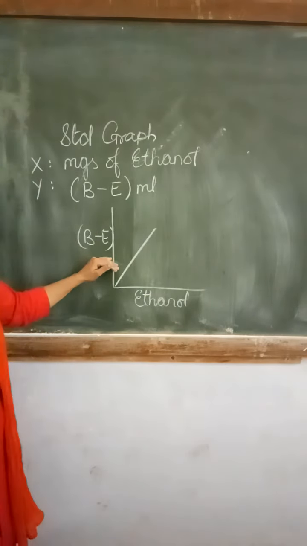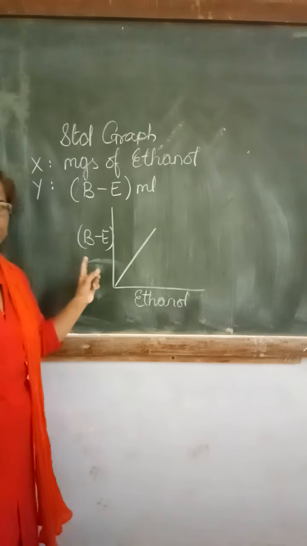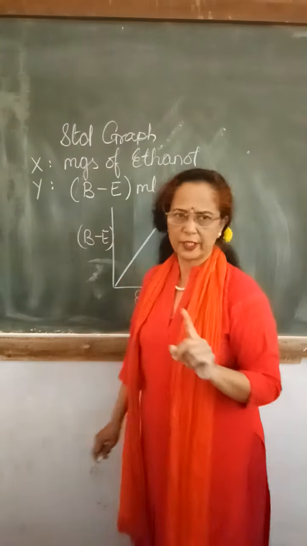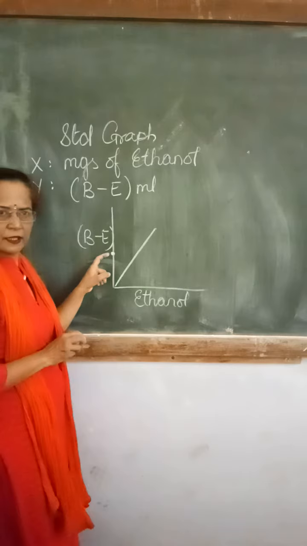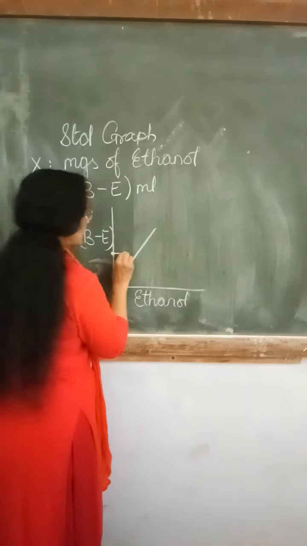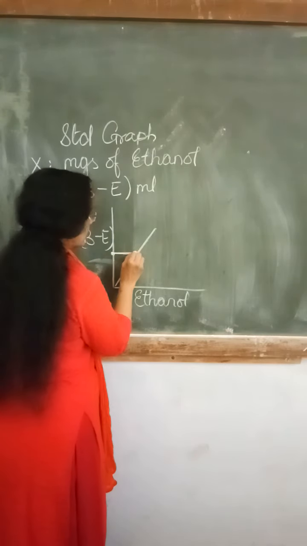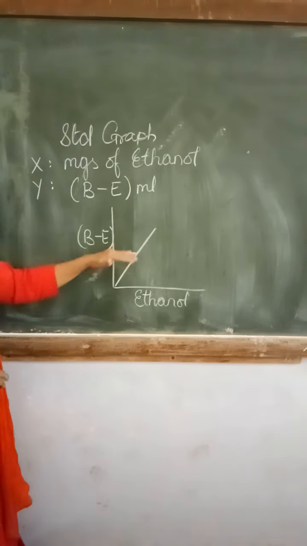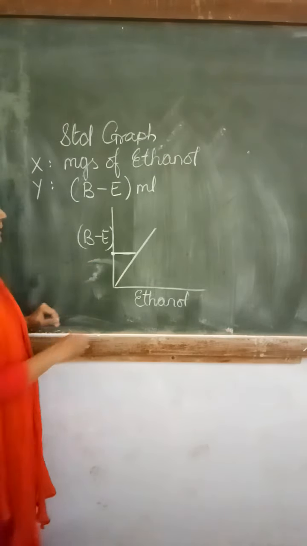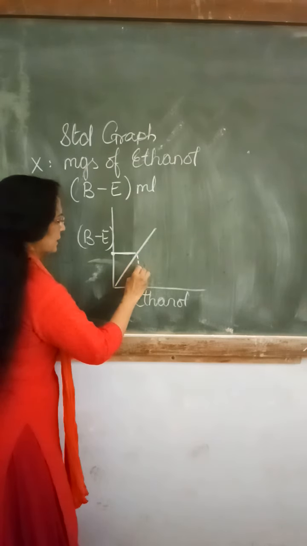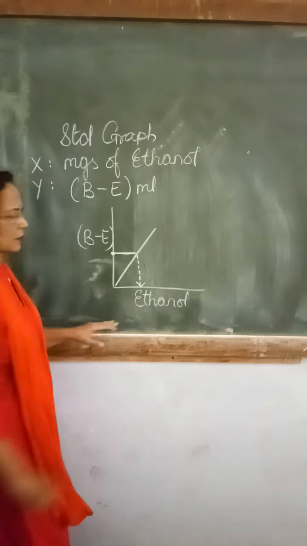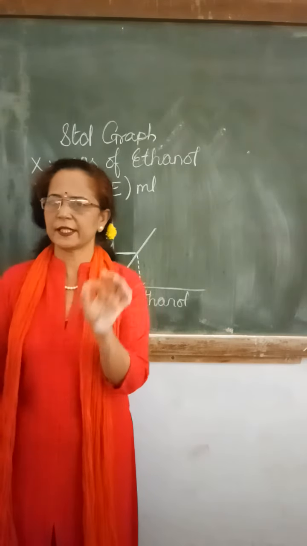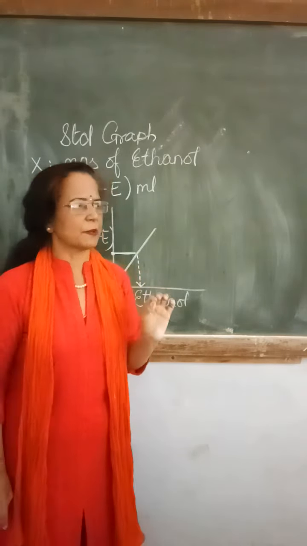Now your experimental will have some B minus E value. So here your experimental value comes. This is the value of your experimental tube, and then you go through the standard line, making a straight line from your value found, and then you will find the concentration of ethanol exactly present in that experimental tube.